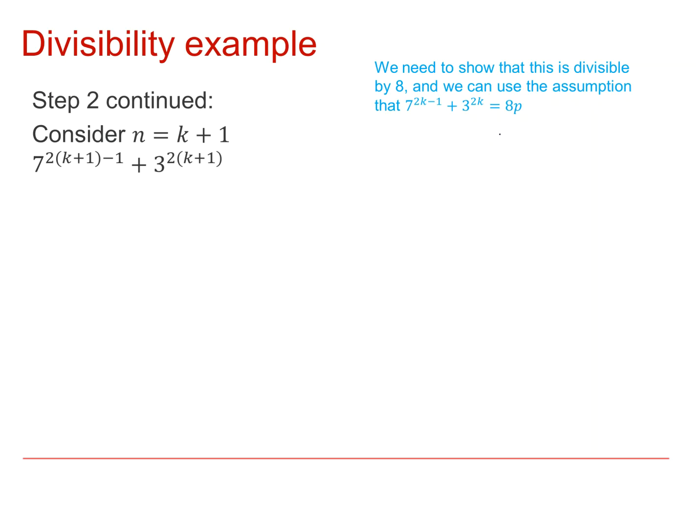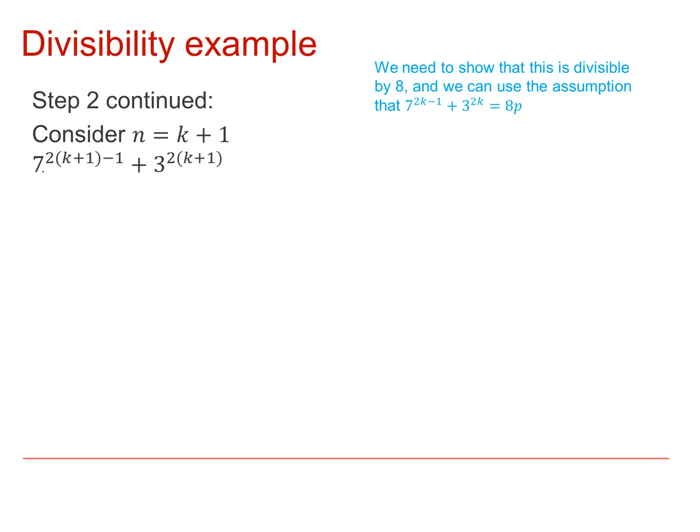We now have the expression 7 to the 2k plus 1 minus 1 plus 3 to the 2k plus 1, and we need to show that this is divisible by 8. We can use the assumption from the previous slide that 7 to the 2k minus 1 plus 3 to the 2k is equal to 8p for some positive integer p.